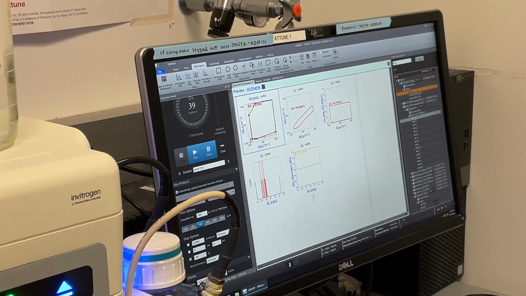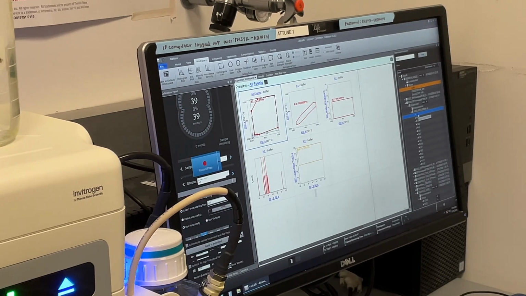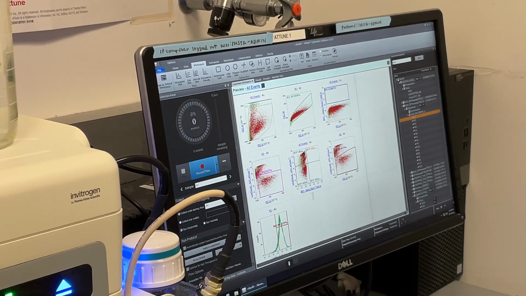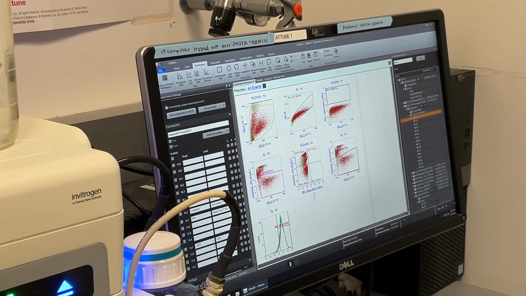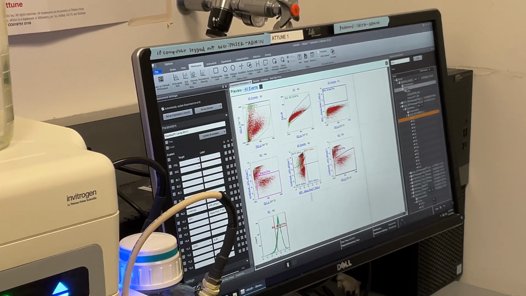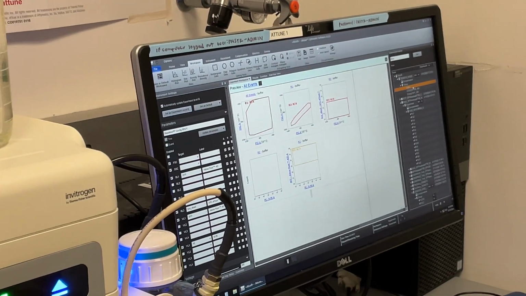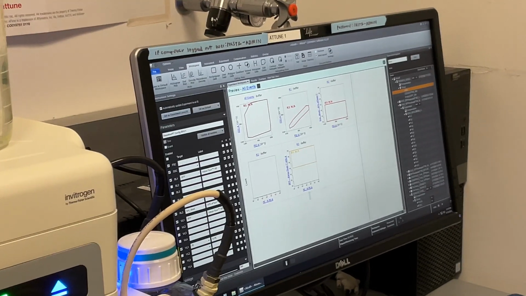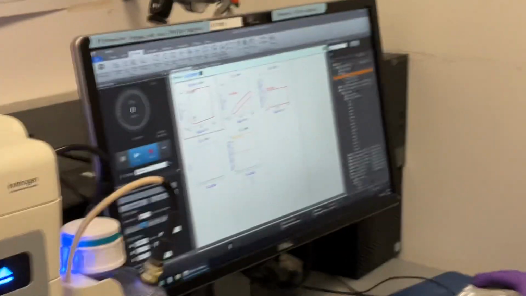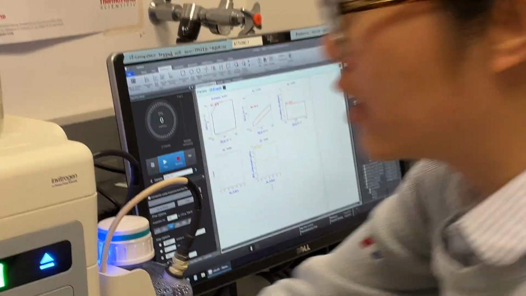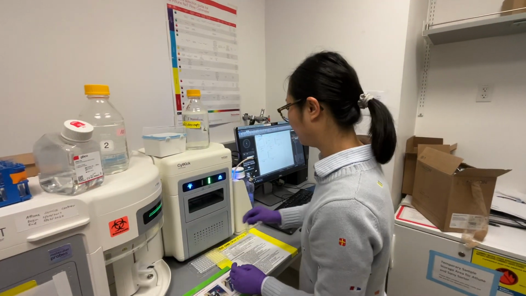Alright, so let me just double check one normalization thing. I have live dead CD entry setting equals 780. Okay, so now I can run the sample.